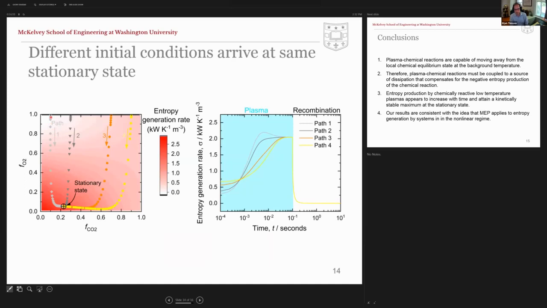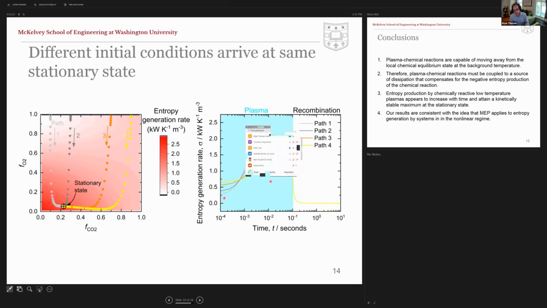As time proceeds, the system goes down, and all four of these paths reach the same stationary state. And if you plot the entropy generation along these paths, you can see that for all four of them, and for any path you can pick here, any initial condition you can pick, the final entropy generation rate is substantially higher than the initial rate at short times.